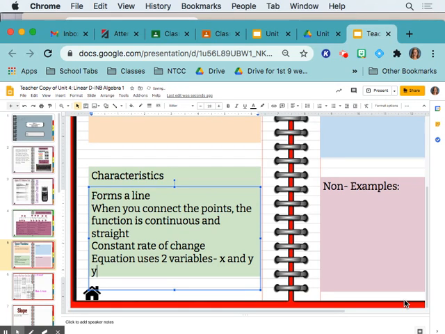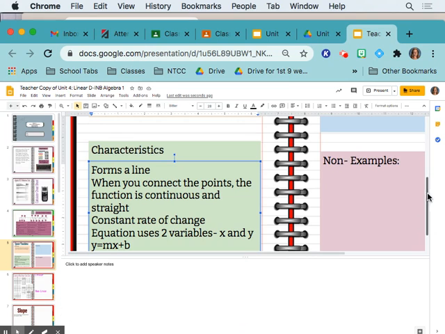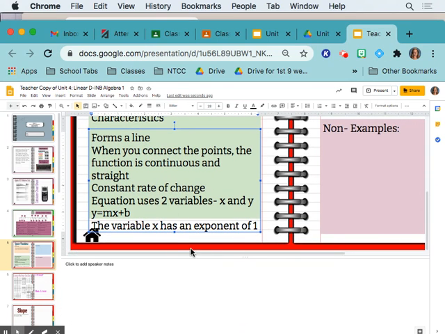Do y'all remember y equals mx plus b? That's our general slope-intercept form, y equals mx plus b. And one last thing is the variable x has an exponent of 1. So it can't have an exponent of 2 or 3 or anything like that. It has to have an exponent of 1.